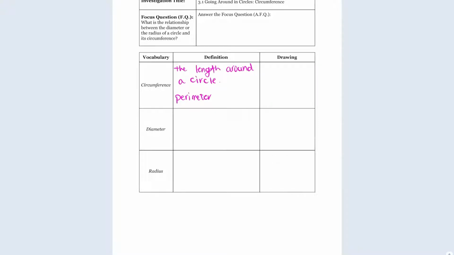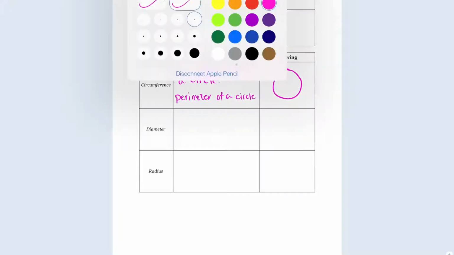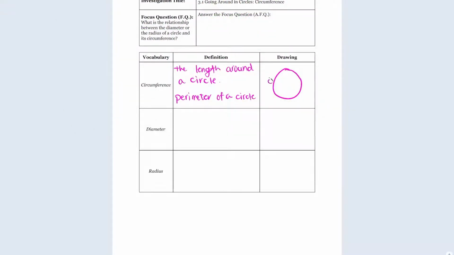For our drawing here, try your best to draw a circle, and I'm going to label the circumference around the circle. The circumference goes along the outside of the circle, all the way around, just like the perimeter. Okay, so that's our circumference.